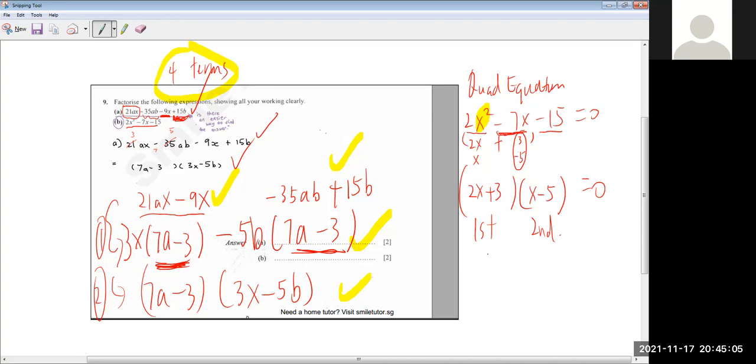Then you can open the bracket and you see it for yourself. Minus 10x plus 3x minus 15. And then you get minus 7x here, minus 15. That's how you get minus 7x. So that's why I say only this combination can work. The rest of the combinations don't work.